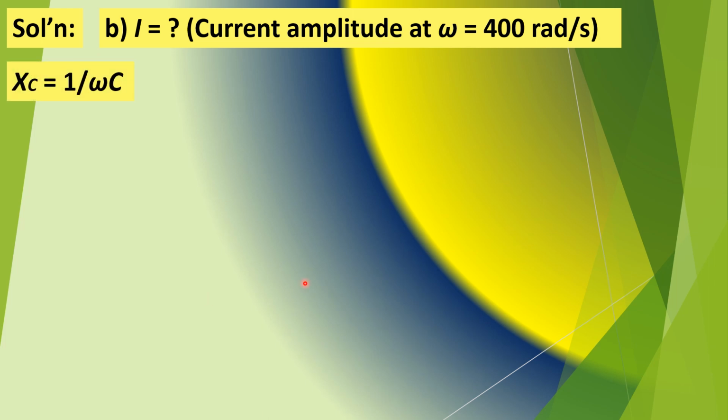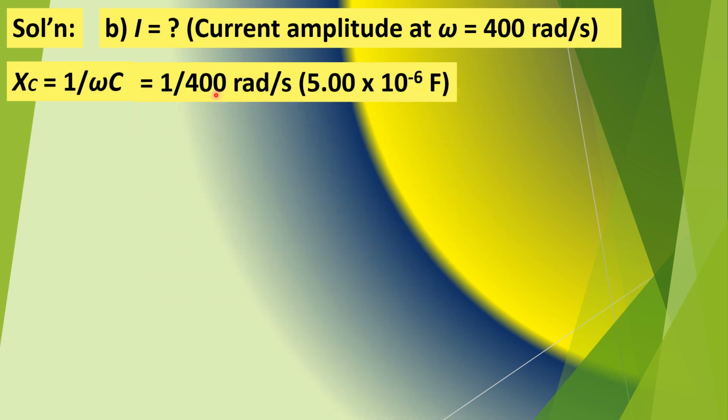We first determine the capacitive reactance, denoted by capital X sub C, which is just the reciprocal of the product of this angular frequency multiplied by the capacitance C, or 1 over 400 radians per second, to be multiplied by 5.00 times 10 to the negative 6 farad. Doing our math, we get the value of the capacitive reactance equal to 500 ohms.